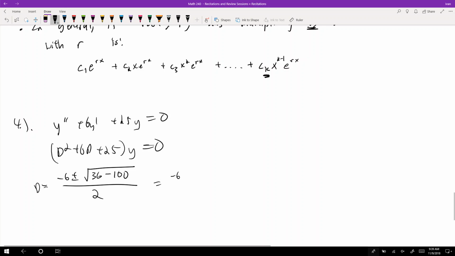Okay, that's negative 6 plus or minus 8i over 2, which is negative 3 plus or minus 4i. So you want to think of this as a plus or minus bi, where a and b are your constants.